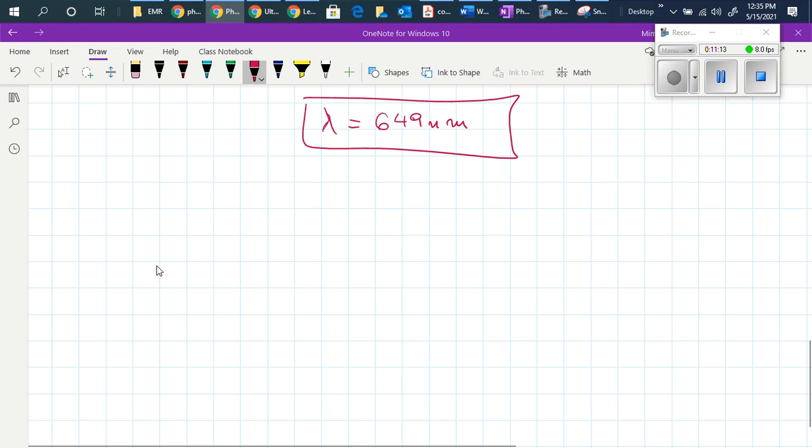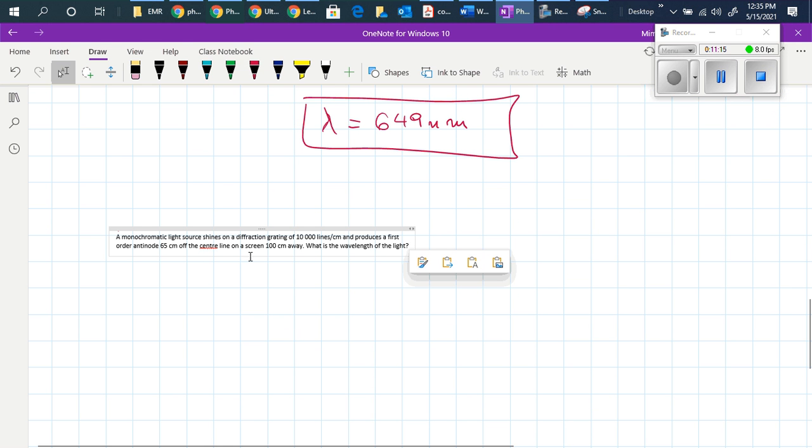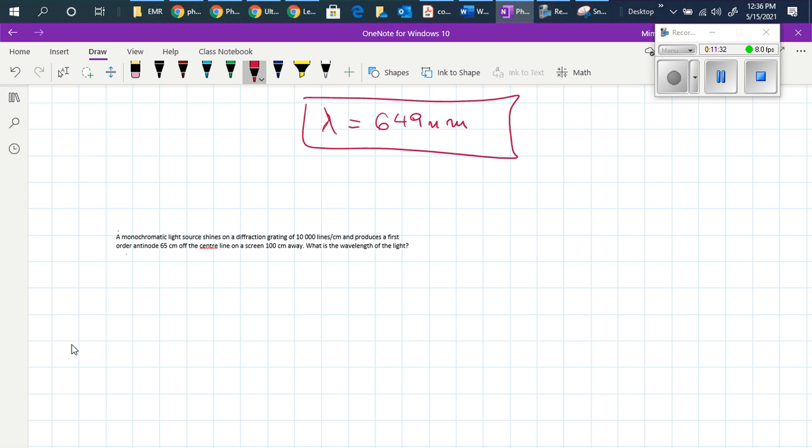Let's take a look at another example here. So when we have monochromatic light that has a diffraction grating of 10,000 lines per centimeter, producing an antinode at 65 centimeters off the center of the line on the screen that is 100 centimeters away.